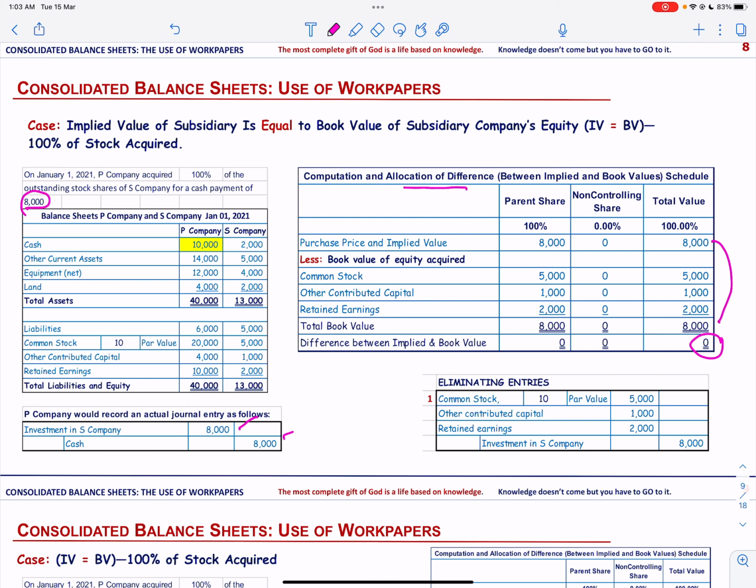Eliminating entry will be made to cancel the effects of intercompany transactions and is made on the work paper only. The work paper entry to eliminate S company's stockholders' equity against the investment is equity debit and investment in S company credit.